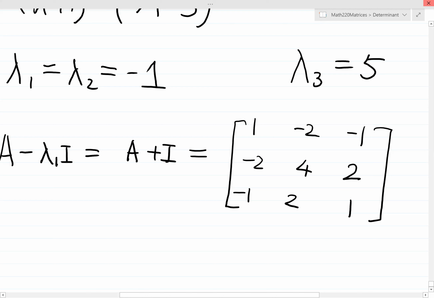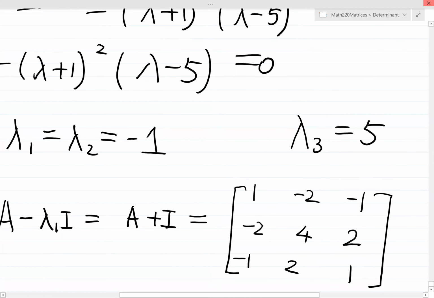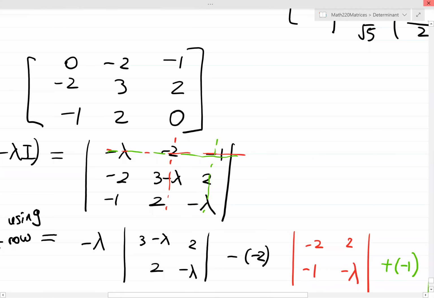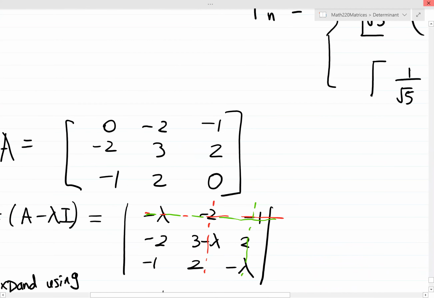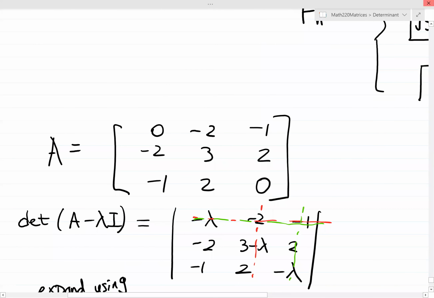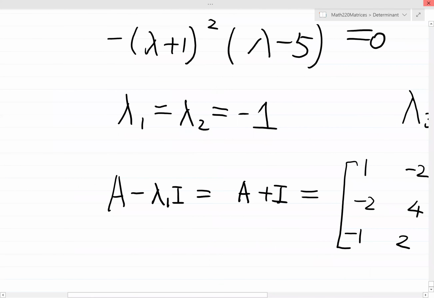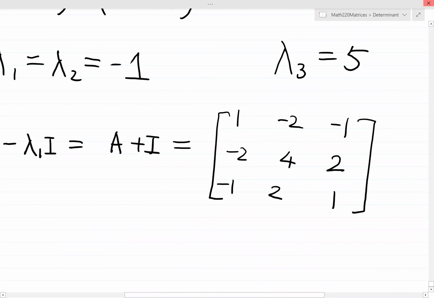You can check, this is actually the matrix A plus 1 at the diagonal. This is the matrix A. Then we add 1 to all 3 diagonal entries. Then we get A plus I.